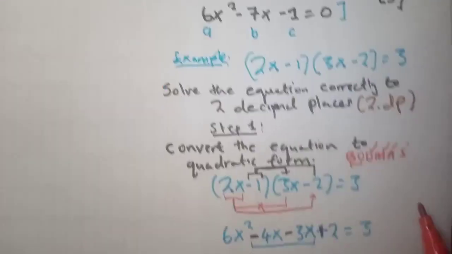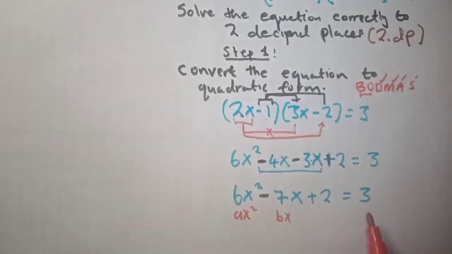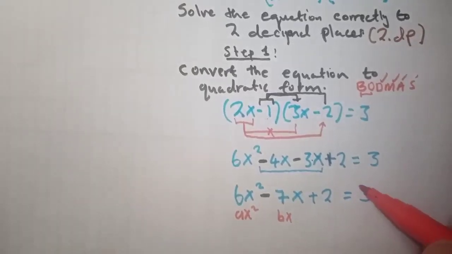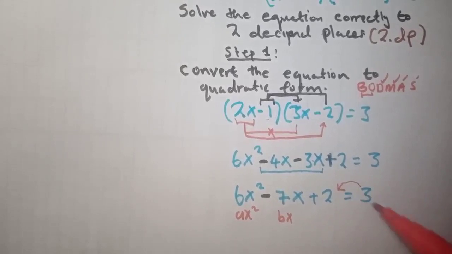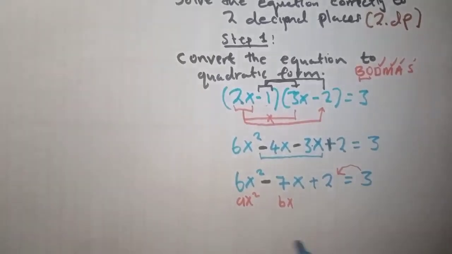So we need to be left with a 0, but then we have 3 here. So this 3 we're going to take this side, so we remain with nothing here. Once we take the 3, it crosses the equal sign.